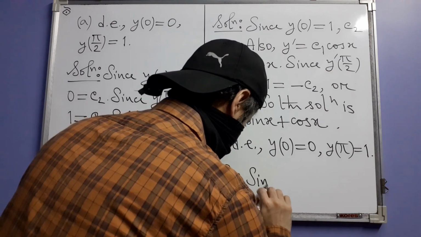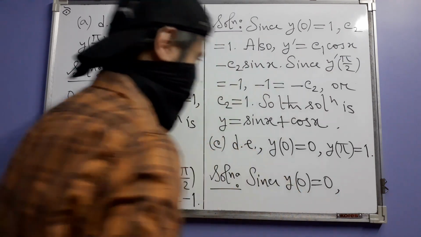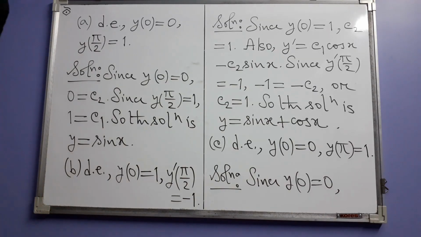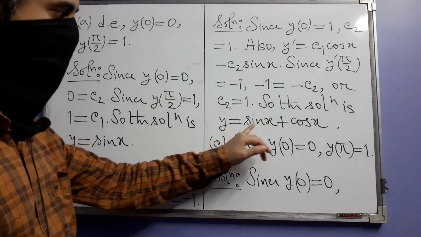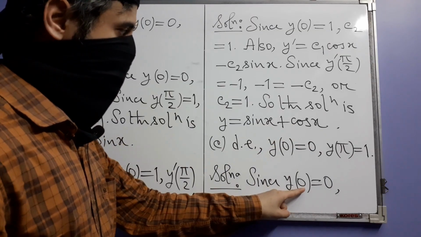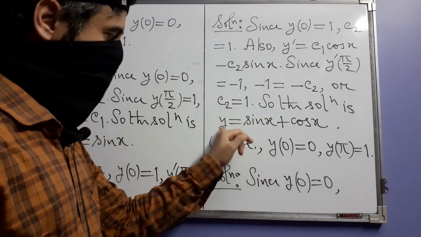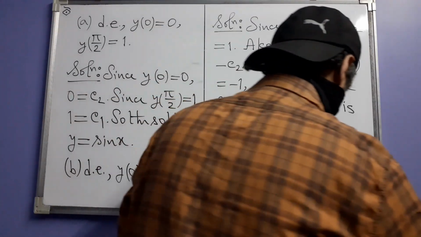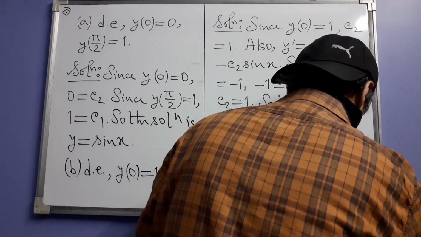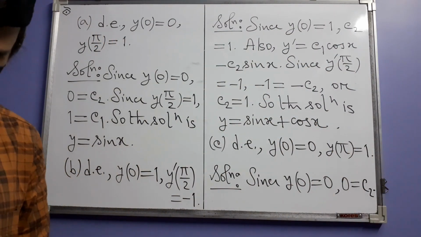Since y of 0 is 0, so what shall we get from our C1 sin x plus C2 cos x? For 0 we only have C2, right? So C2 on the right side and 0 on the left side. So we are getting C2 equal to 0.